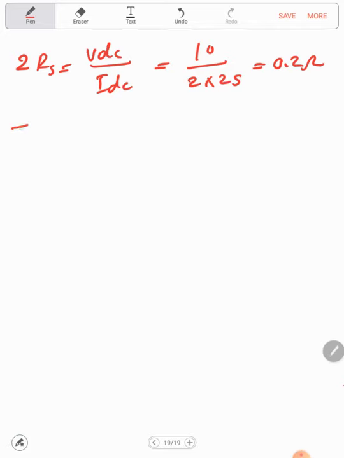Now EA will equal V phase open circuit, so this will equal 540 over square root of 3, and this will equal 311.8 volt.